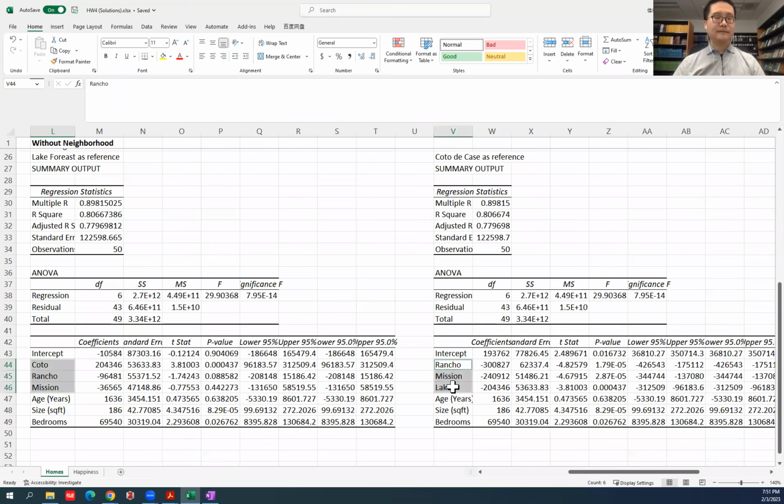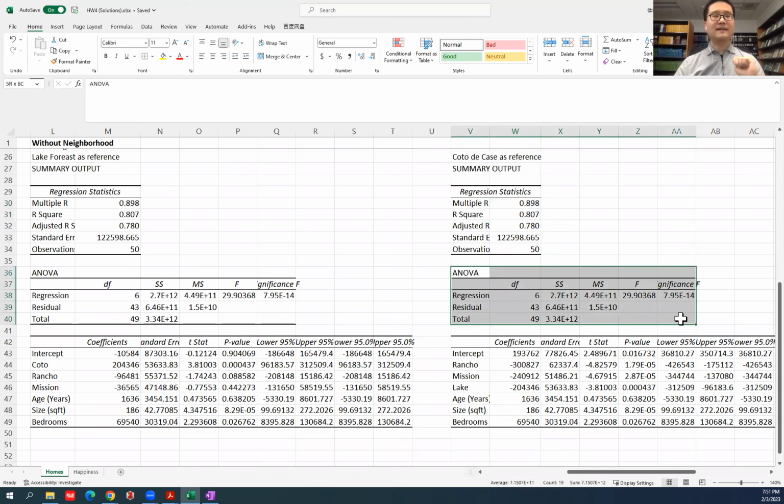Okay. Multiple R is the same between these two. R squared is also the same. Adjusted R squared is also the same. So are the standard error and number of observations. You will also find that this ANOVA table is exactly the same between these two models.